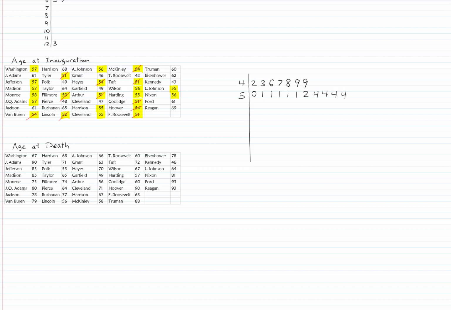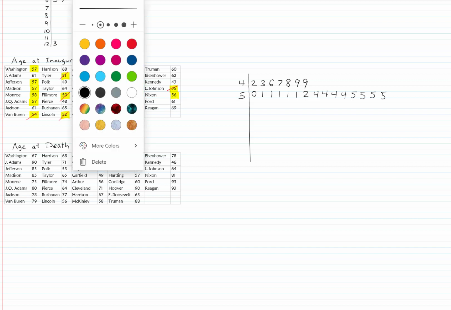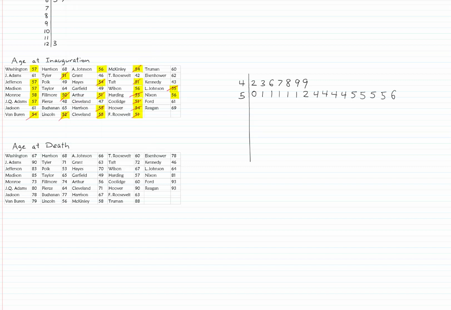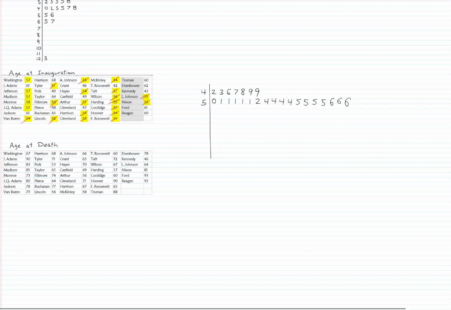So I said 4 55s. And then 3 56s. Four 57s. And a 58. Okay, so there we go with all the 50s.